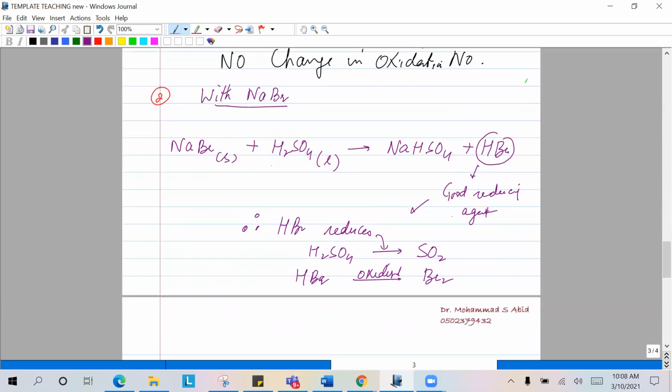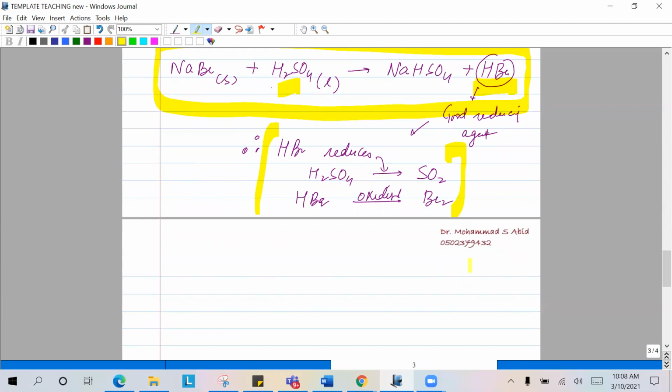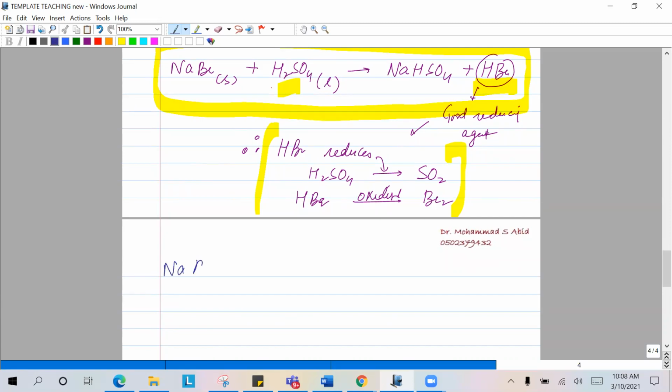Therefore, instead of writing this reaction, because this HBr will react further as it is a good reducing agent, you can write down the reaction as NaBr solid plus H2SO4 liquid gives you NaHSO4 solid plus, don't write the HBr, instead write the final product plus the bromine gas or liquid.